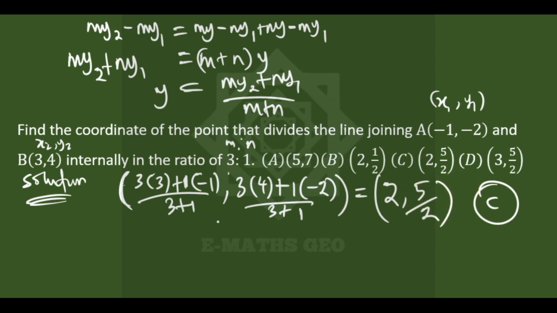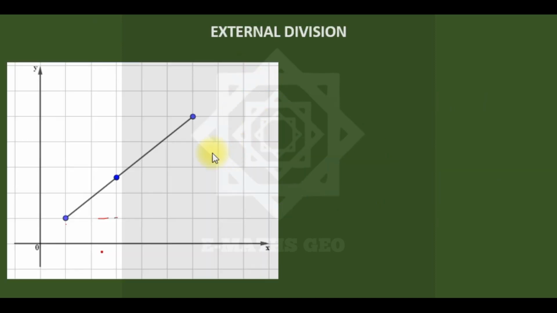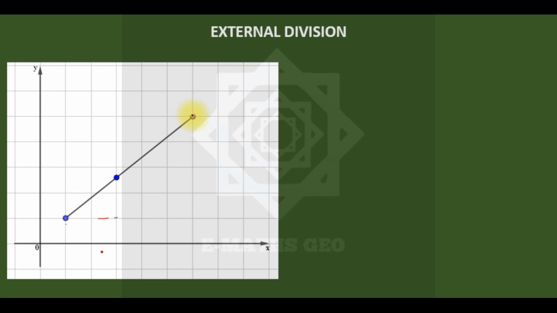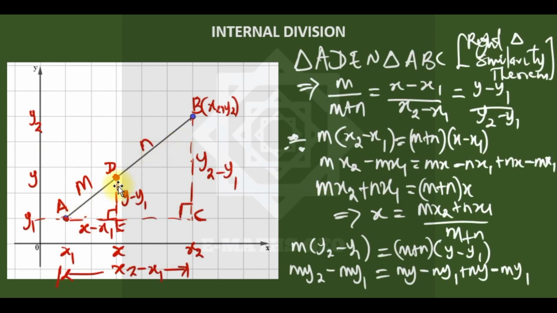Now for external division, it's somewhat different, but we will still use similar logic. So assuming the ratio, this is the point externally. This is the line segment. In the previous one, the line segment is AB, so we divided internally.